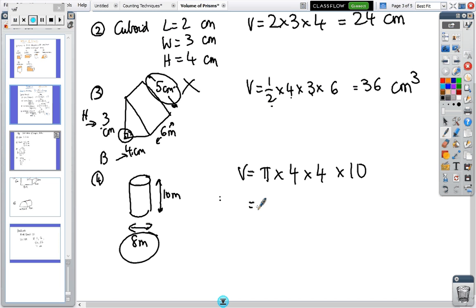So we have 4 times 4 times 10 is 160, times pi, and that is 502.7 to 1 decimal place. 502.65, 502.7 metres cubed. Okay, so copy those down and come across when you're ready.